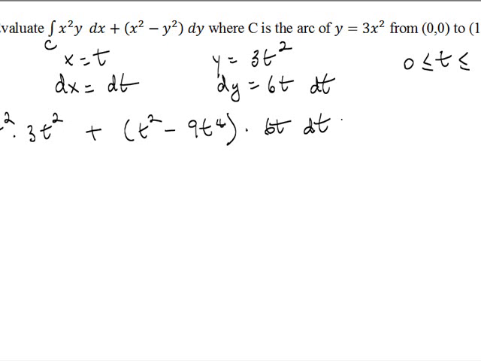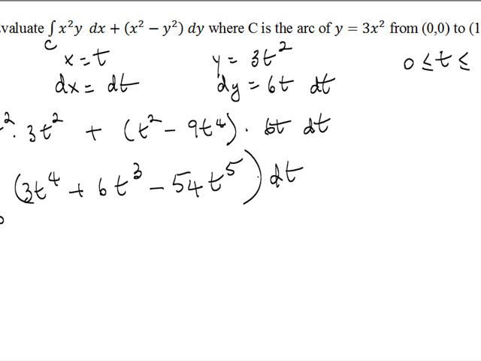Now what you need to do is simplify that. And when you simplify this, you get the integral from 0 to 1 of (3t to the 4th plus 6t cubed minus 54t to the 5th) dt.